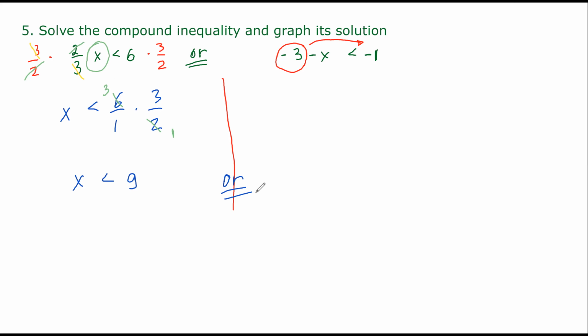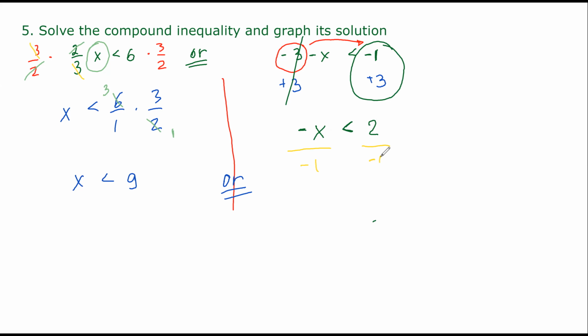Okay, now in the second one, when I'm moving, it means that I add plus 3 plus 3. So it gives me canceled the negative 3, right? I'm getting the negative x here less than, and then negative 1 plus 3 gives me positive 2. Then I have to get rid of this negative sign. It means that I need to divide by negative 1 or multiply by negative 1.